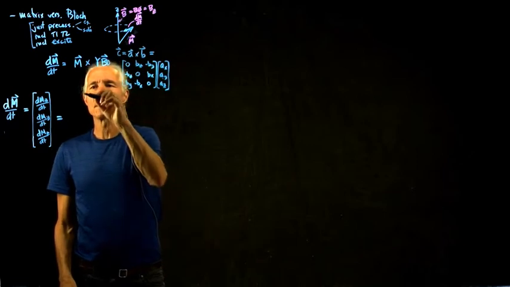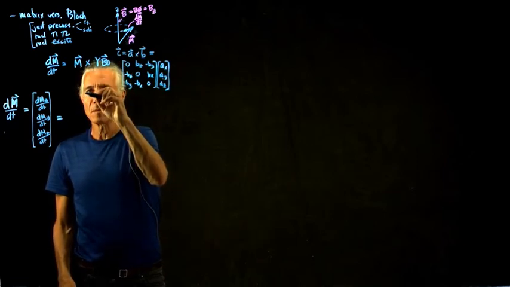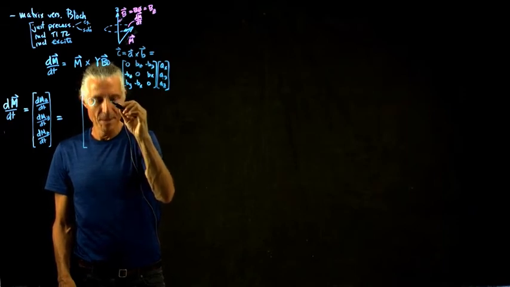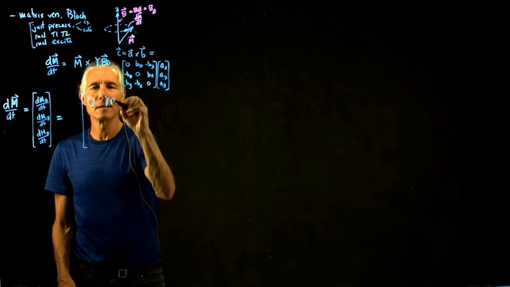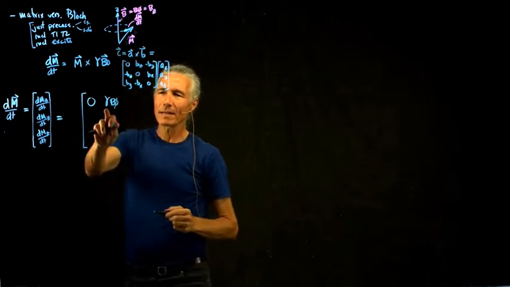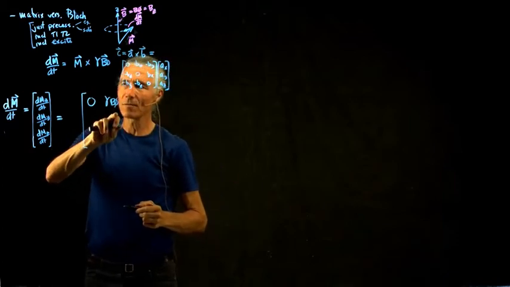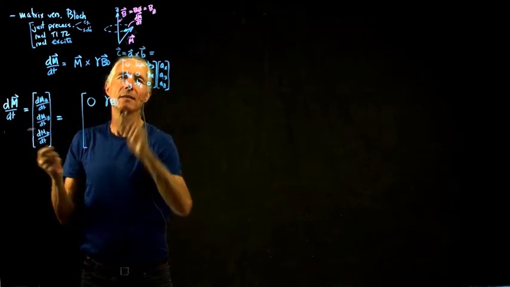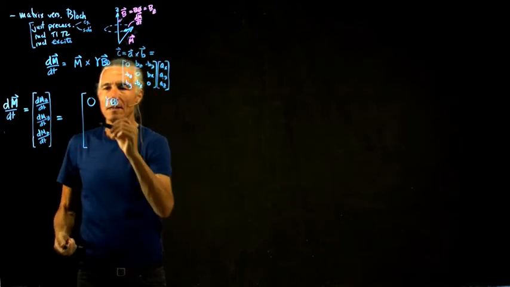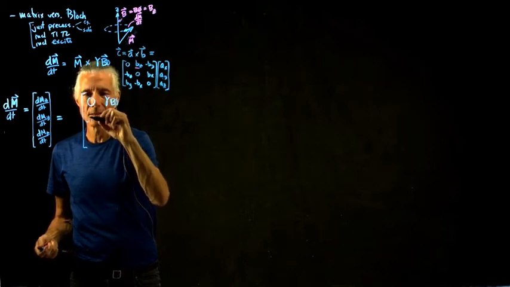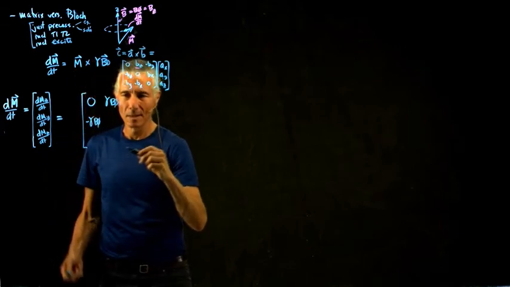That's why you end up with this matrix that looks like the following. So it looks like 0, and then the gyromagnetic ratio times the strength of the B0 field, which is just the Bz component here, just this guy. And then we're going to have a minus gamma B0 over here, and then everything else 0.